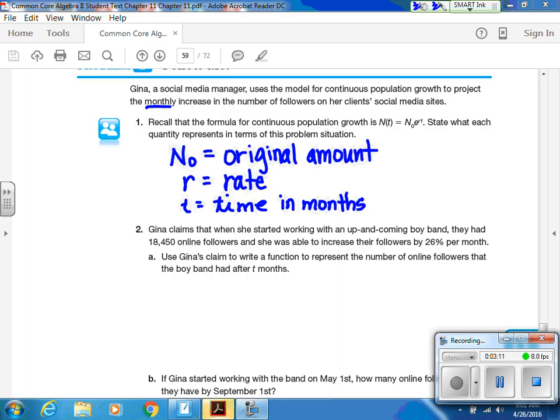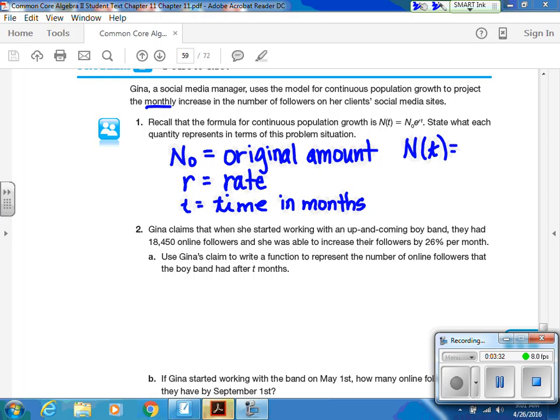Well, okay, what's N of T? What's this one stand for? It's the only thing we haven't talked about. N sub 0 is your original amount.